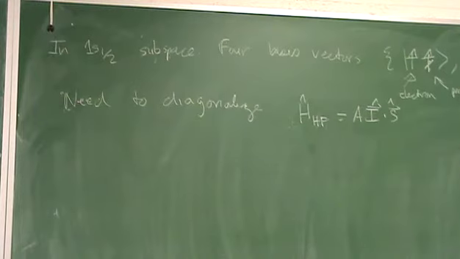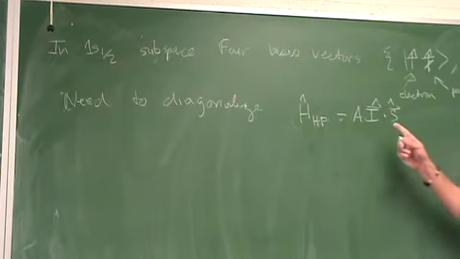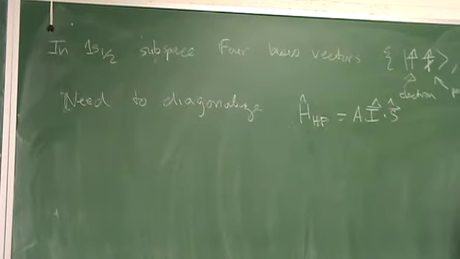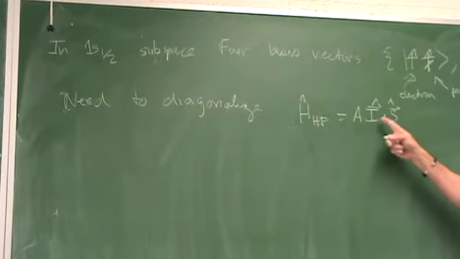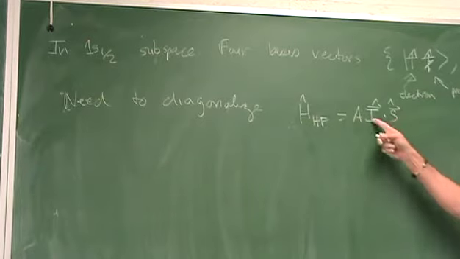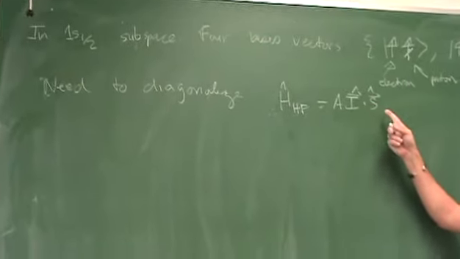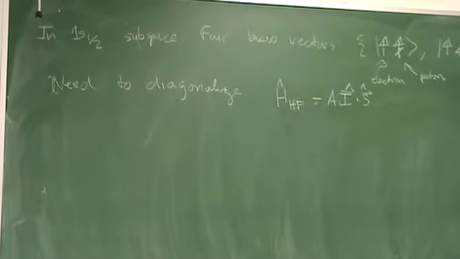We could do it in a very tedious way. We could write this as the x, y, and z components. The z components are eigenstates of the z components, and then the x and y components are raising and lowering operators. We'd have to write it all out, take all the matrix elements, write out a 4x4 matrix and diagonalize it.